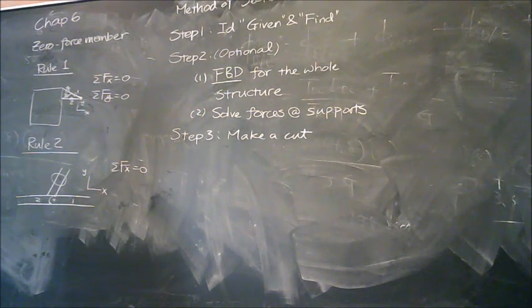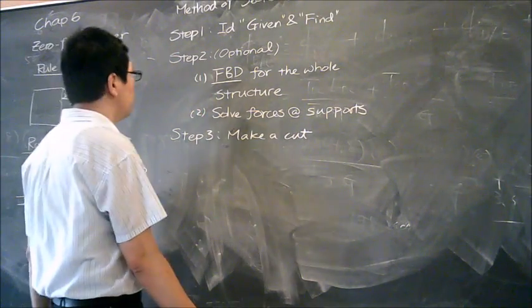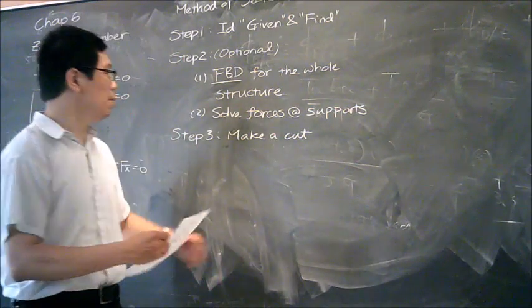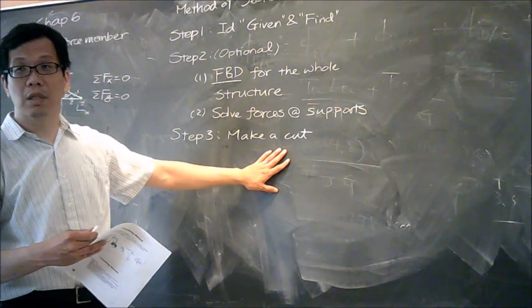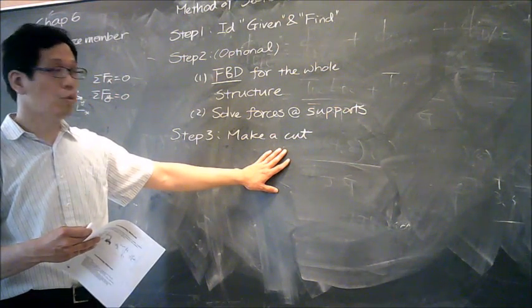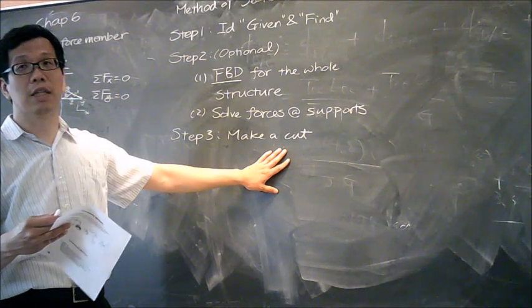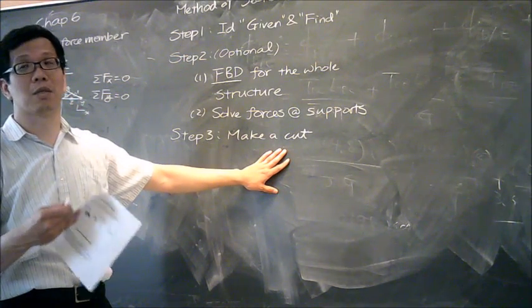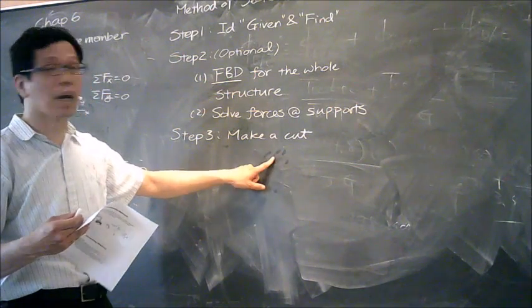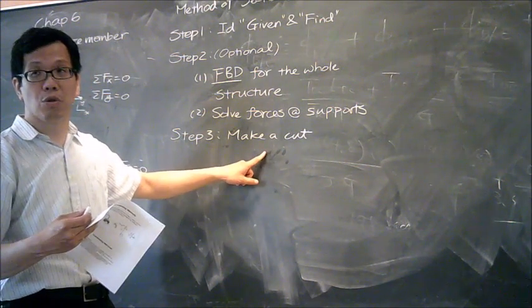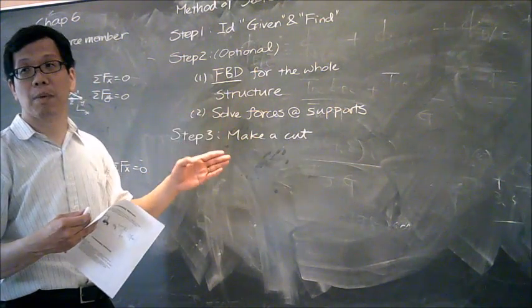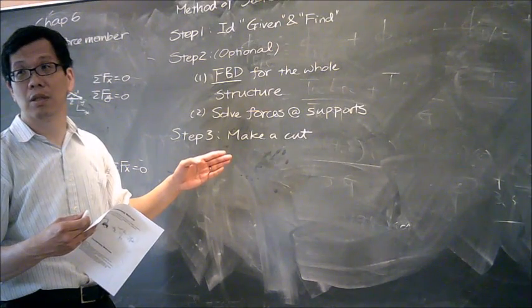What do I mean by make a cut? I'm going to show you later. When I say make a cut, the problem statement will tell you which member is of interest. You need to identify the force existing in that specific member. So when you make the cut, you need to ensure you cut through the member specified in the problem statement.